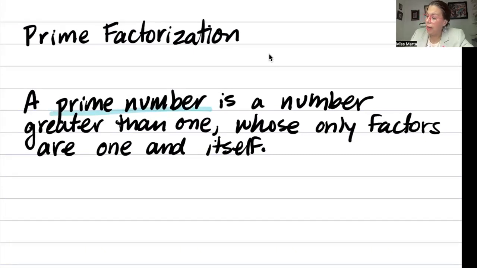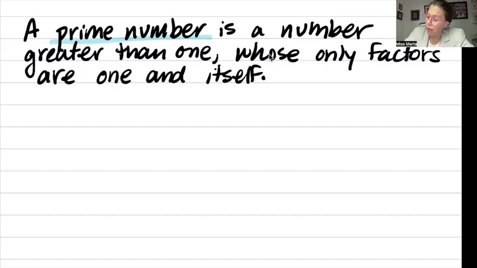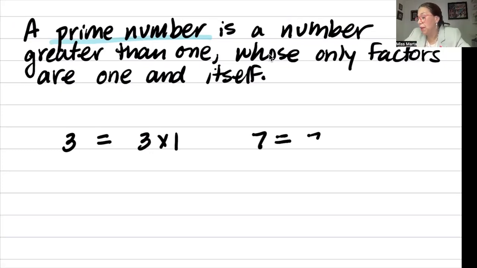All right, so an example of a prime number would be, for instance, 3. 3 equals 3 times 1 and no other factors. 7 equals 7 times 1. There are no other factors that can multiply to create 7.